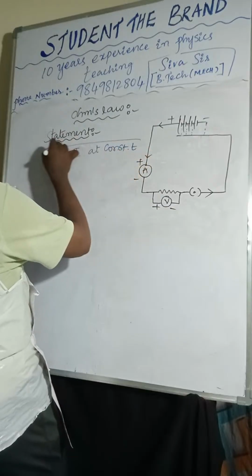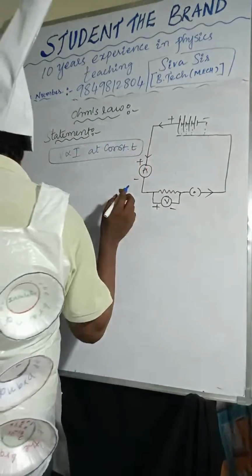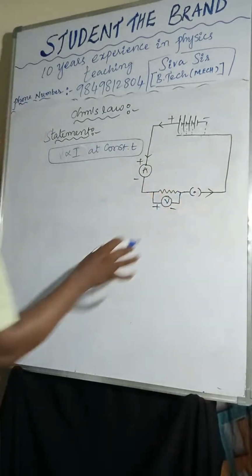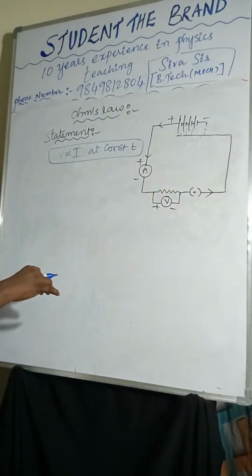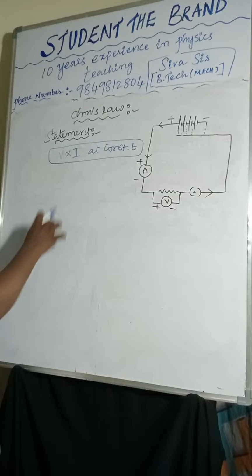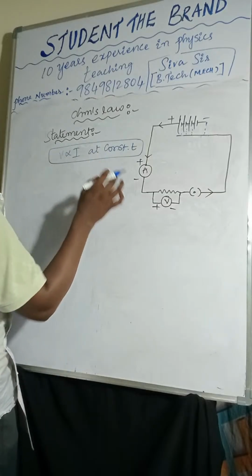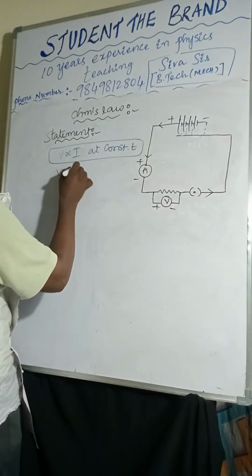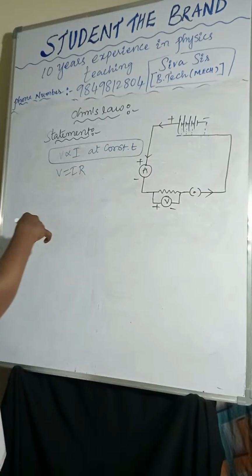The potential difference across a given metallic conductor is directly proportional to the current flowing through it. V is directly proportional to I, so V equal to IR. R is the resistance, the proportionality constant.